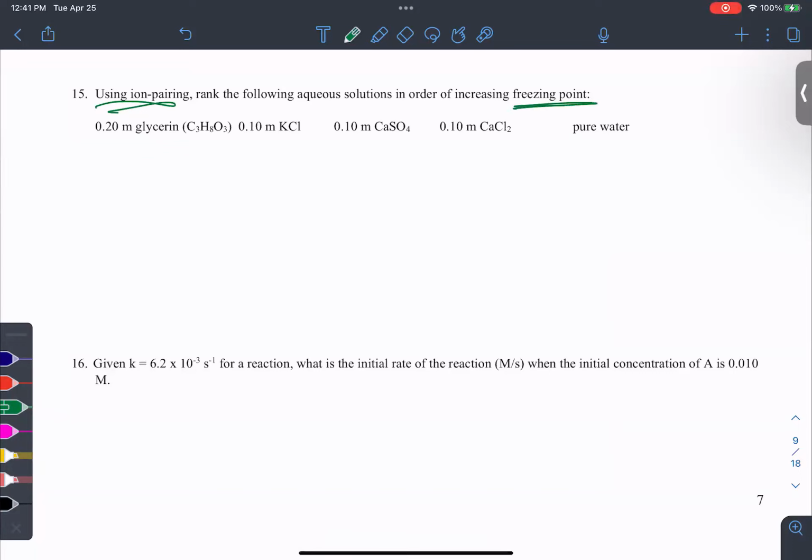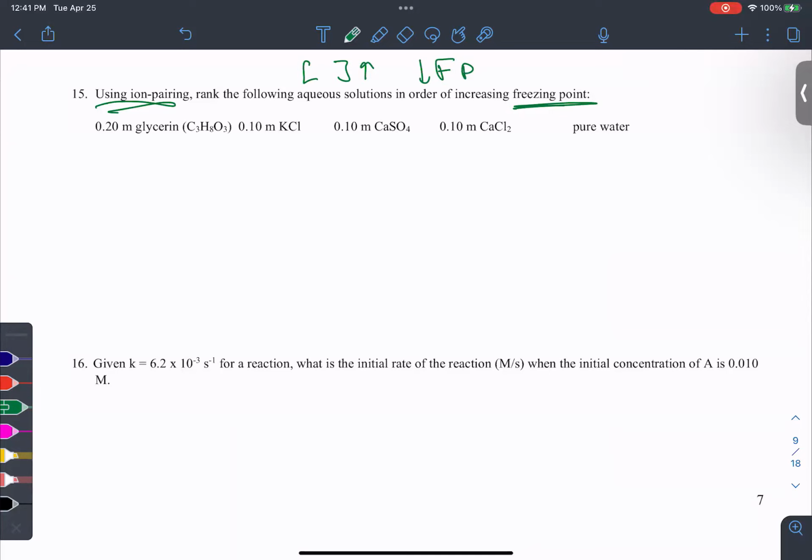Okay, so freezing point, when we have mixtures: as the concentrations of stuff increase, typically what happens to your freezing point? It goes down. Yes, freezing point depression. Salted roads freeze at a lower temperature than pure water. That's why we throw salt on the roads, to lower the freezing point of water so it delays them freezing over.